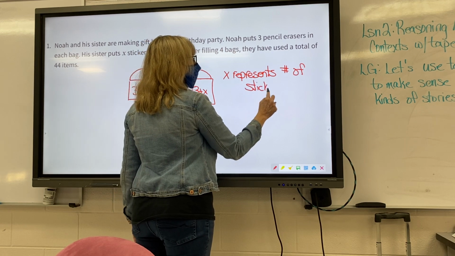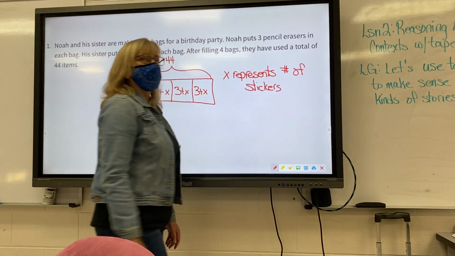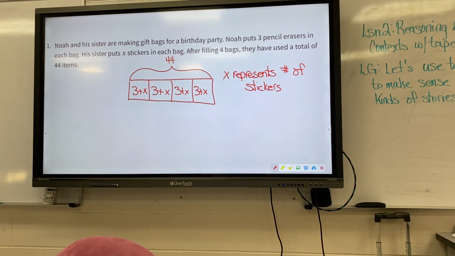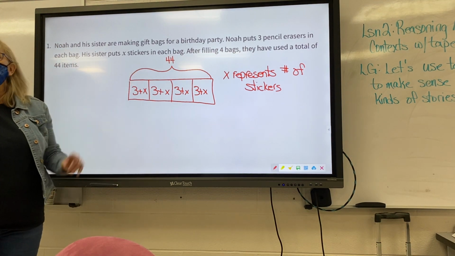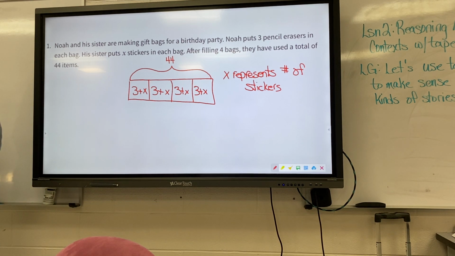You always have to tell me what the variable represents. So why did Hunter tell us to put 44 up there? That's the total number of items in the 4 bags, right? So does that picture represent the story?